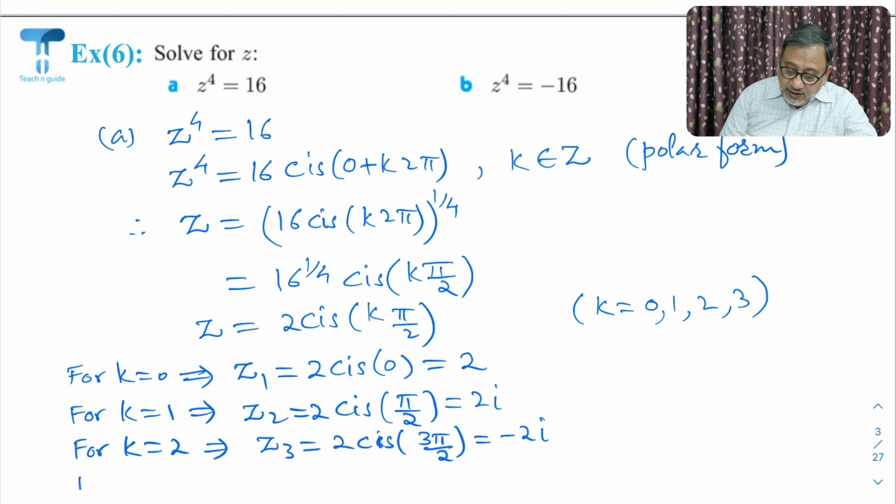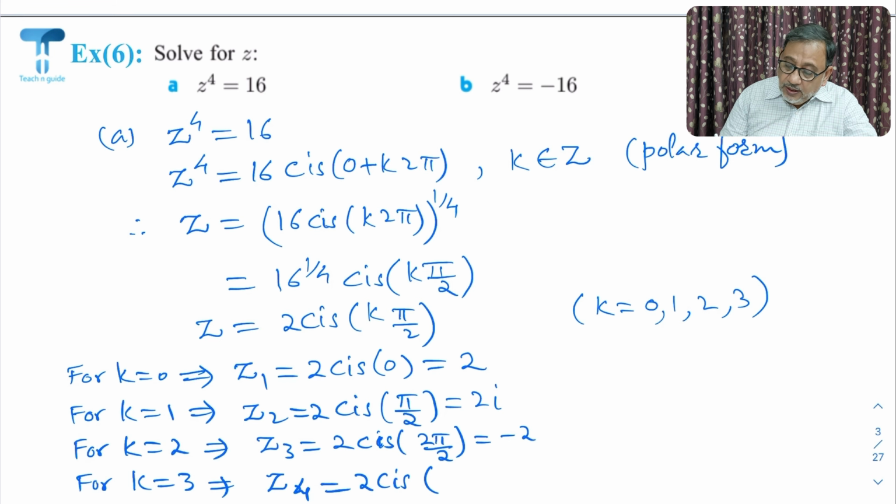And for k is equal to 3, z4 will be 2 cis, when you replace, here I should have replaced in the first place by 2. Yeah, so k will be replaced by 2. So 2 pi by 2 is pi, and cos pi will be minus 1.